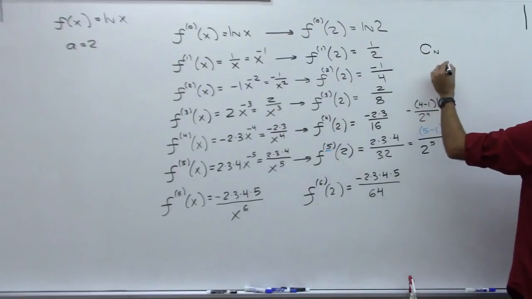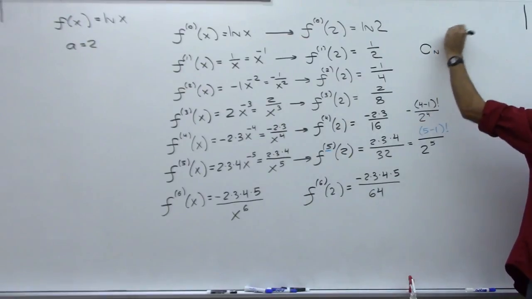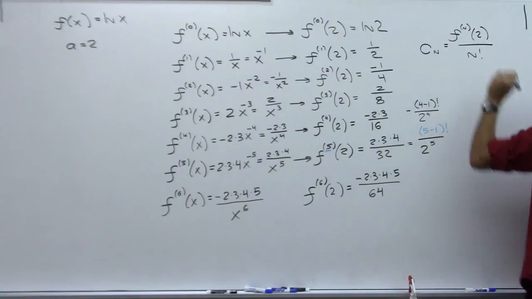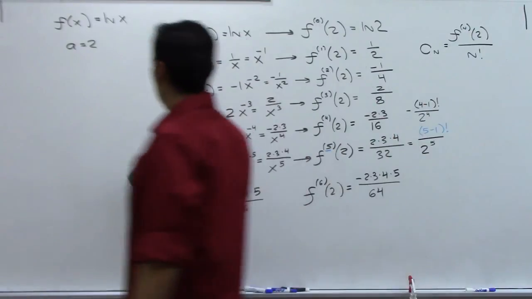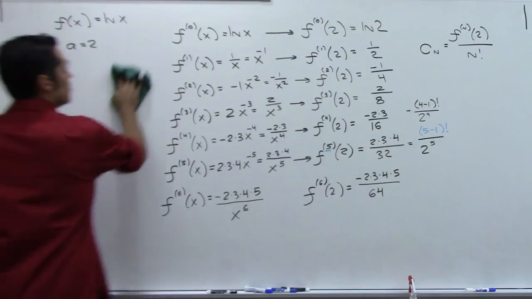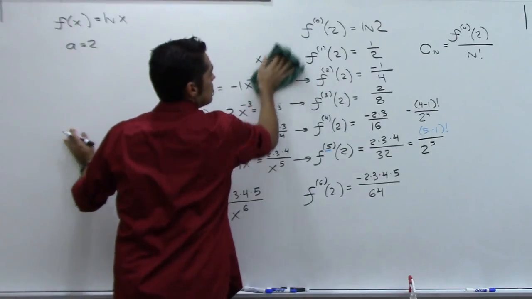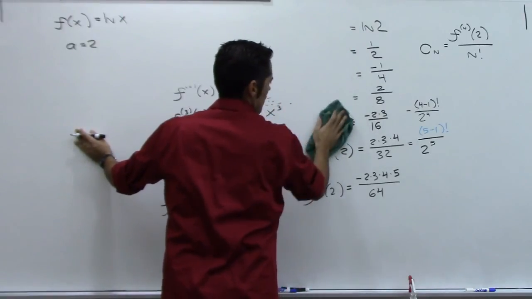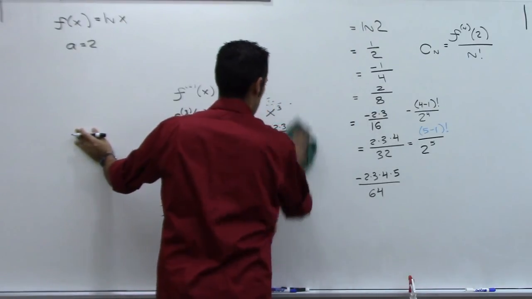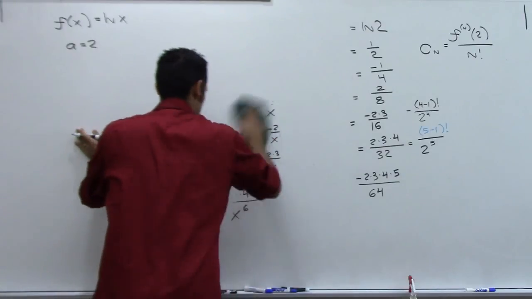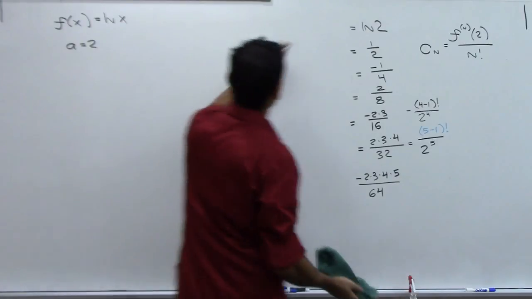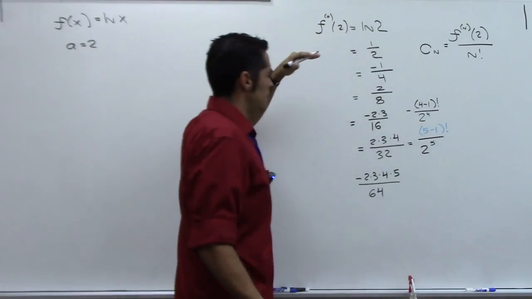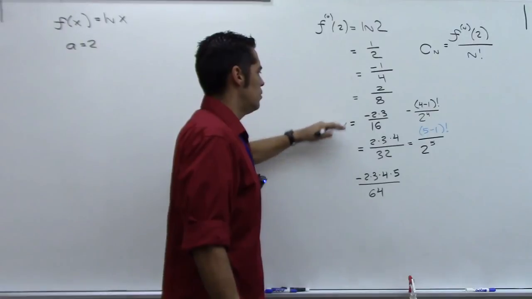All right, so let's try now to write out our power series, our Taylor series for this, remembering that we're going to be using c sub n equals the nth derivative at a over n factorial. All right, here we go. I will get rid of all this. So I'll need some room. I'll just keep this stuff on the side. Remembering that this was the 0th derivative at 2, and then this is the first derivative at 2, second derivative at 2, third, fourth, fifth.